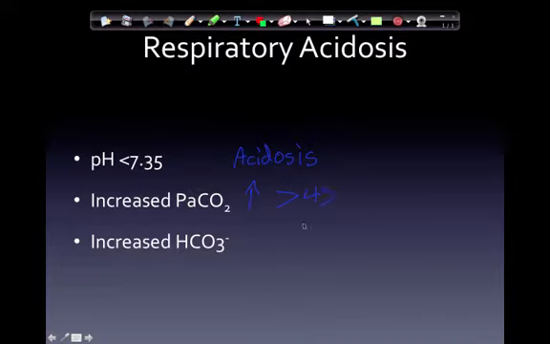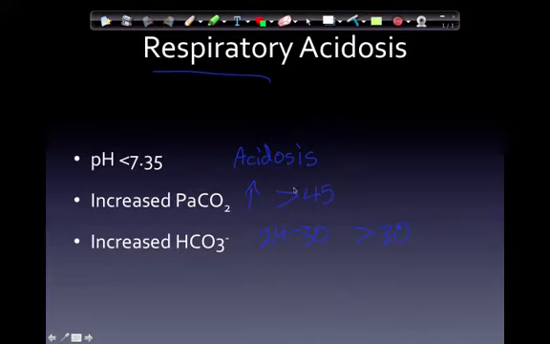This would be more building blocks. It is suggestive at this point that the patient is in respiratory acidosis. However, last clincher on this, an increased HCO3, 24 to 30. So a bicarbonate level greater than 30 is what I should see in this, and this would be suggestive of respiratory acidosis.